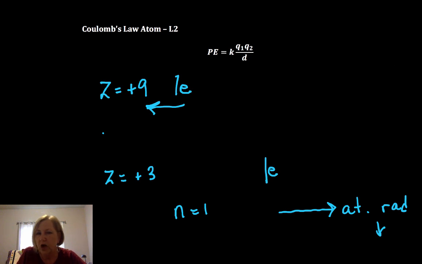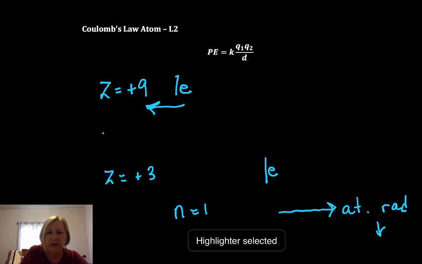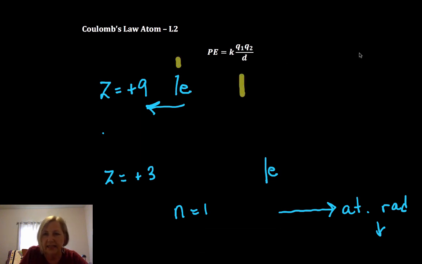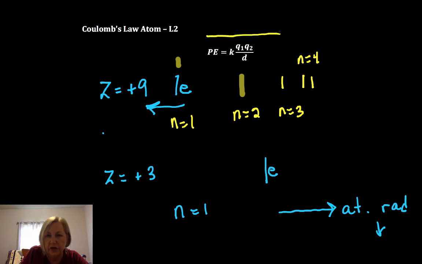Now, as you talk about different energy levels, N equals 1, N equals 2, N equals 3, and so forth, they converge and get closer and closer together. As you increase in energy level N, you're further from the nucleus.